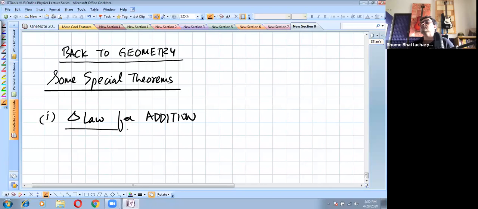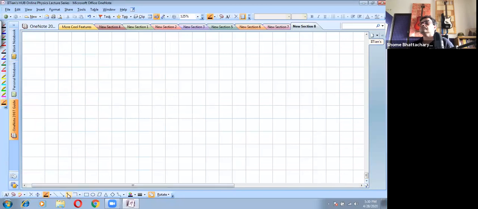So when we look at the triangle law of vector addition, we saw that a vector A and a vector B like this, if the angle between them is acute, then the vector sum looks like this.